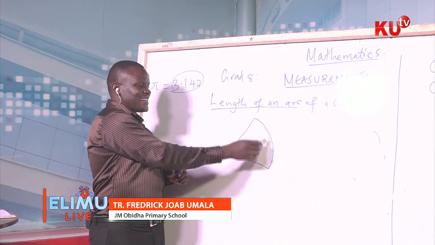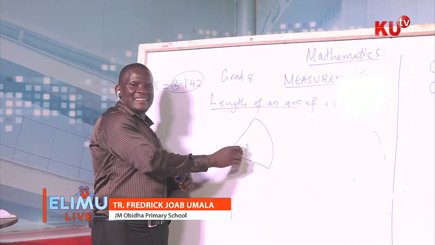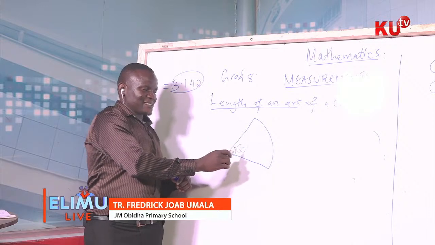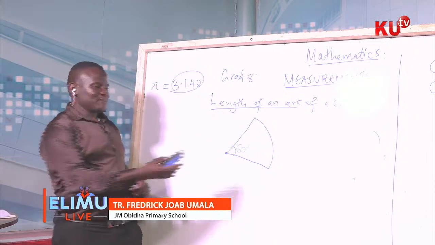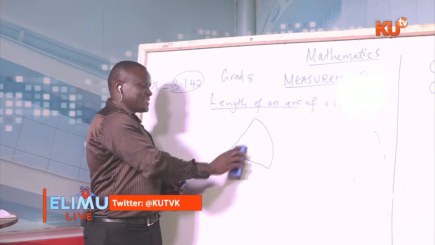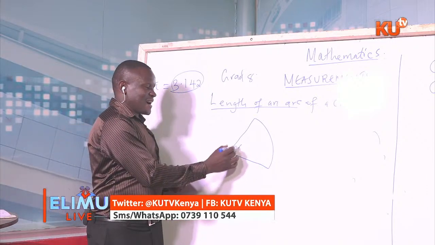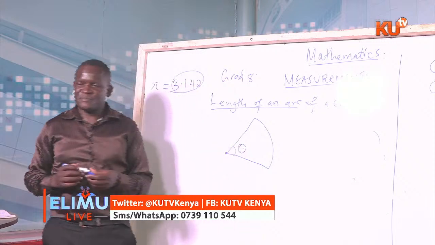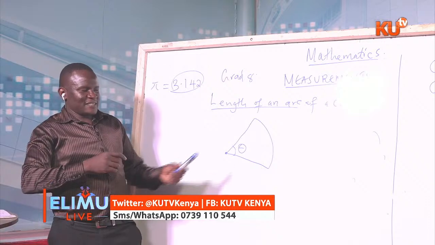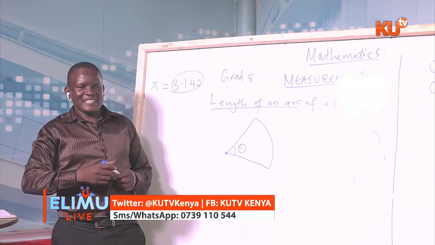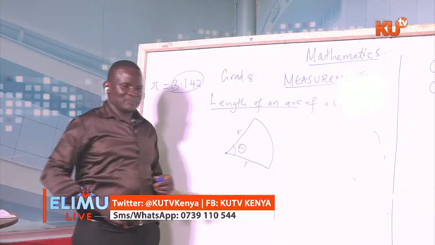So this arc may subtend... rather, let me not give it 60 degrees, we give it angle theta. The length of the arc subtends angle theta through the radius.